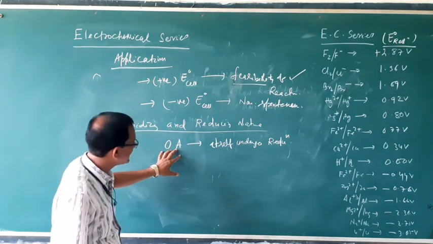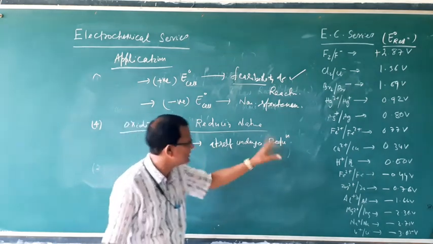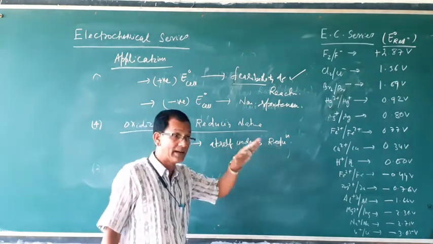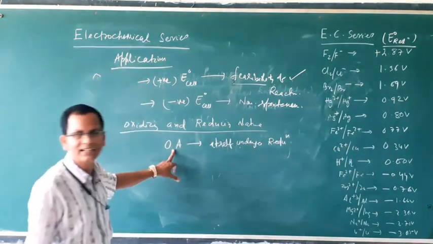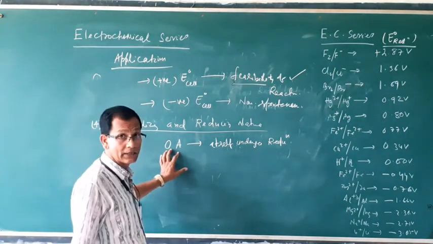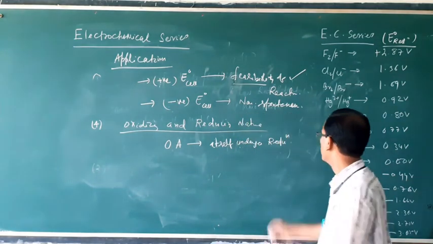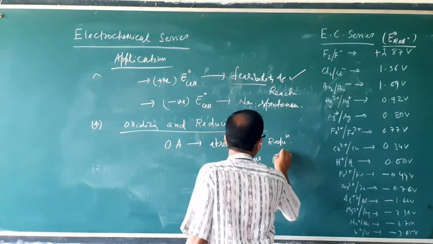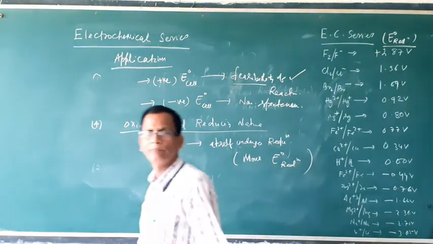An oxidizing agent has a tendency to accept electrons; reduction means gain of electrons, so it itself undergoes reduction. If the tendency to reduction is more, that means oxidizing character is more. Oxidizing character will be more when the reduction potential is more, that means a higher E0 value. This is very important.